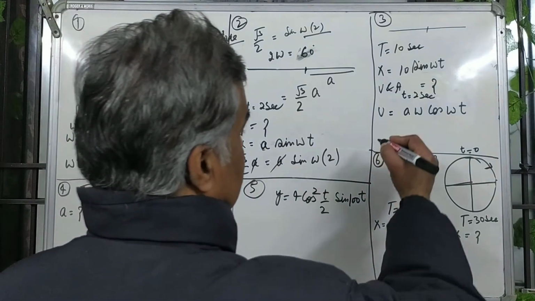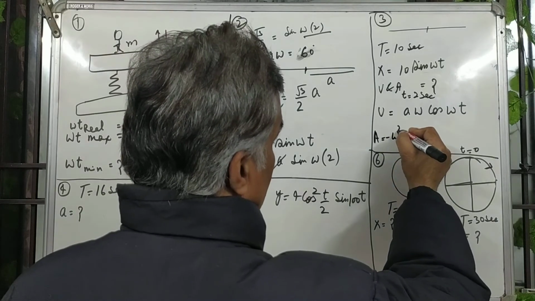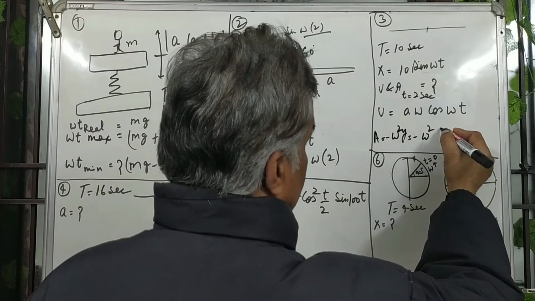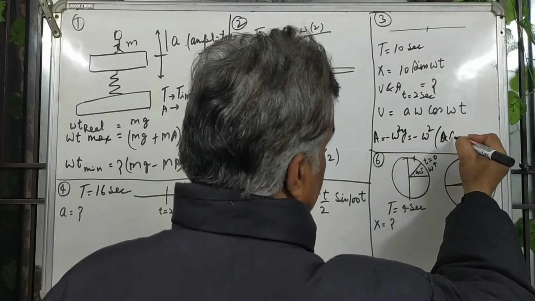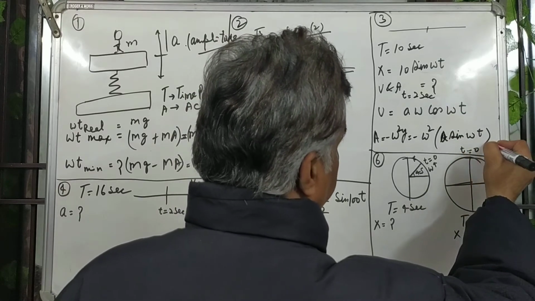Next, similarly acceleration a equal minus omega square y, and y equal A sin omega t.